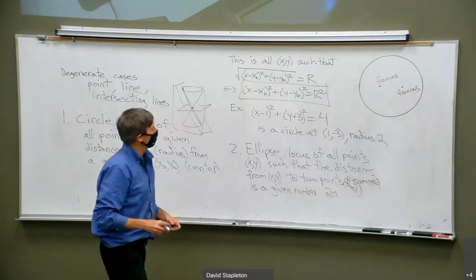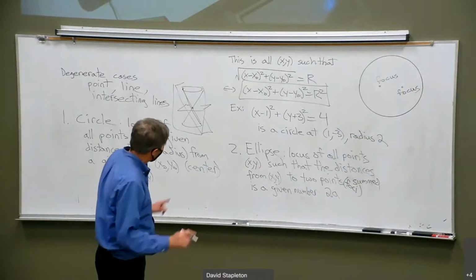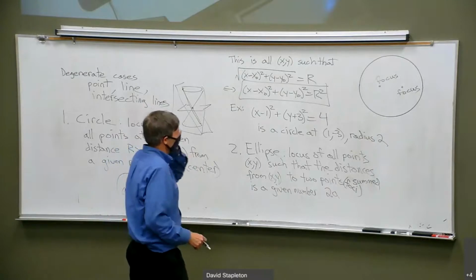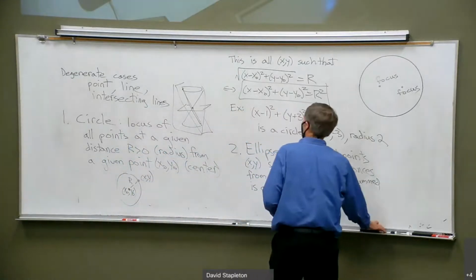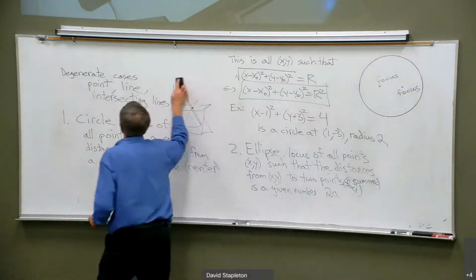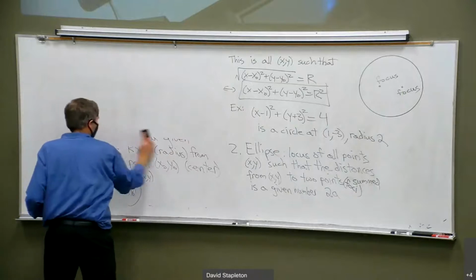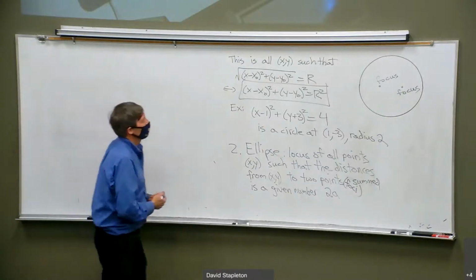So it's an oval shape. And as those foci come together, it degenerates into a circle. So a circle is the degenerate case. Now, what could be the equation of an ellipse?